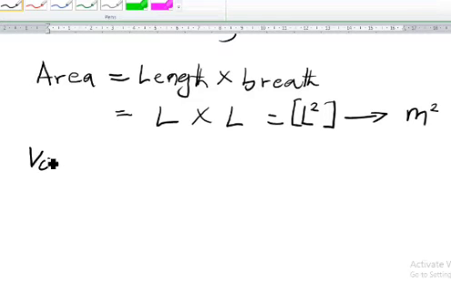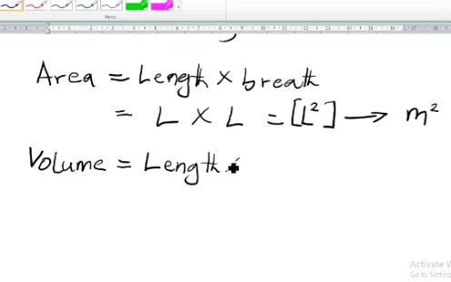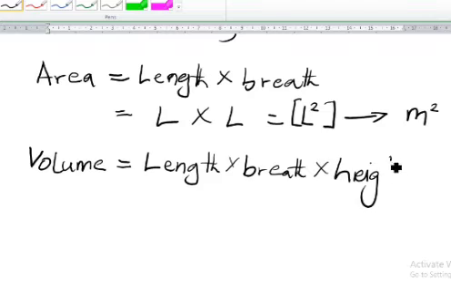Volume. This is a product of length times breadth times height.